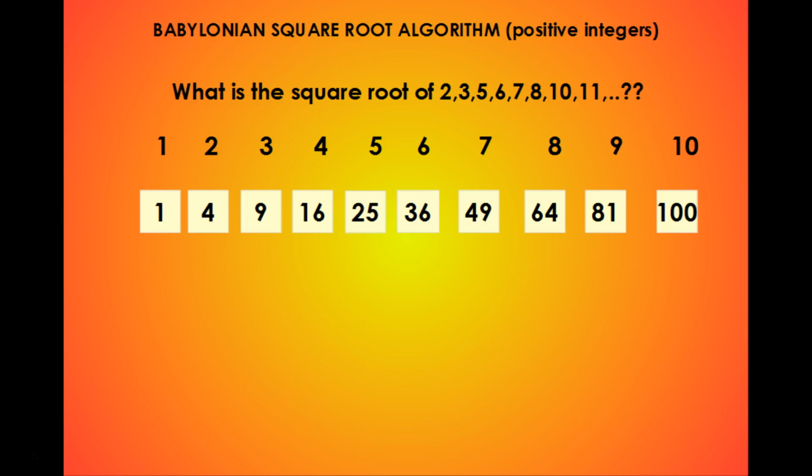Looking at this second line, there are some numbers that are omitted. Their square roots are not there. So that's why we wouldn't be able to call it a table exactly. It's only a list of some integers between 1 and 100. It's a list of square roots, not a complete table.